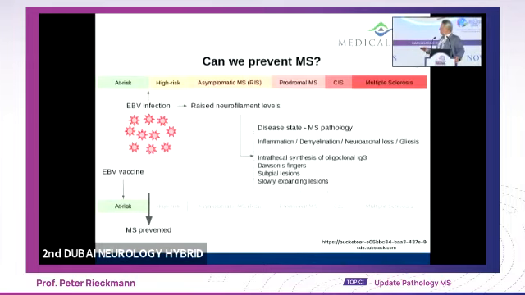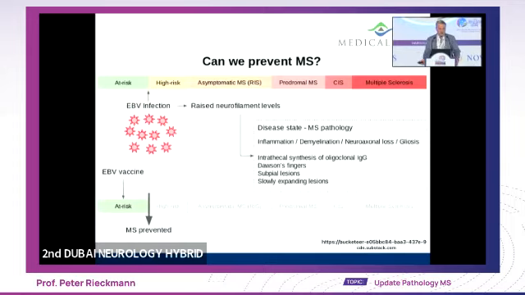And the question is, with all of that here, EBV transformation, raised neurofilament levels, going through various stages of the disease, asymptomatic, prodromal, CIS, multiple sclerosis: can we prevent MS with an EBV vaccine?